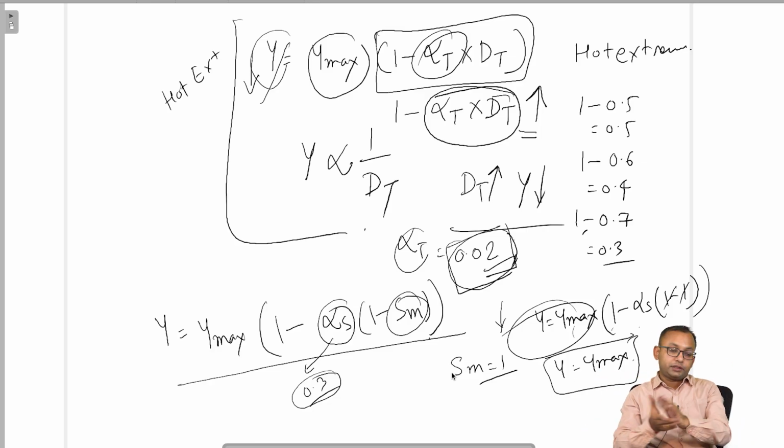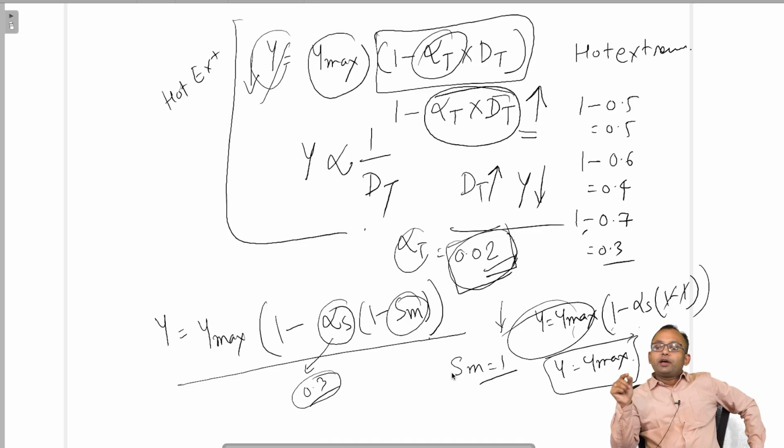You can also make plots out of it, and see how you can relate your y value, which is crop yield during the extreme conditions, with the different parameters you are selecting. Let us say in one case you select alpha equal to 0.3, in another case alpha equal to 0.4, and then alpha equal to 0.5, and you calculate the whole set of values and compare how they behave graphically.